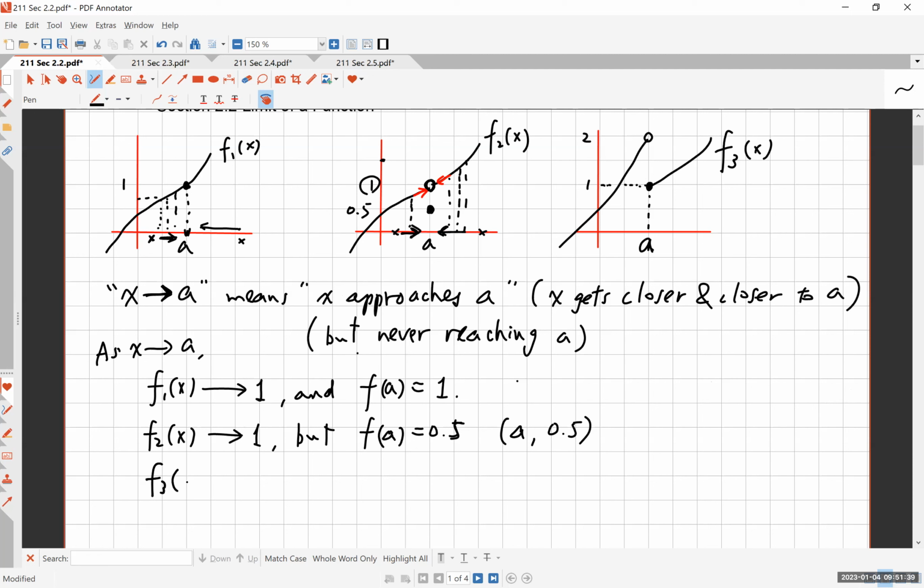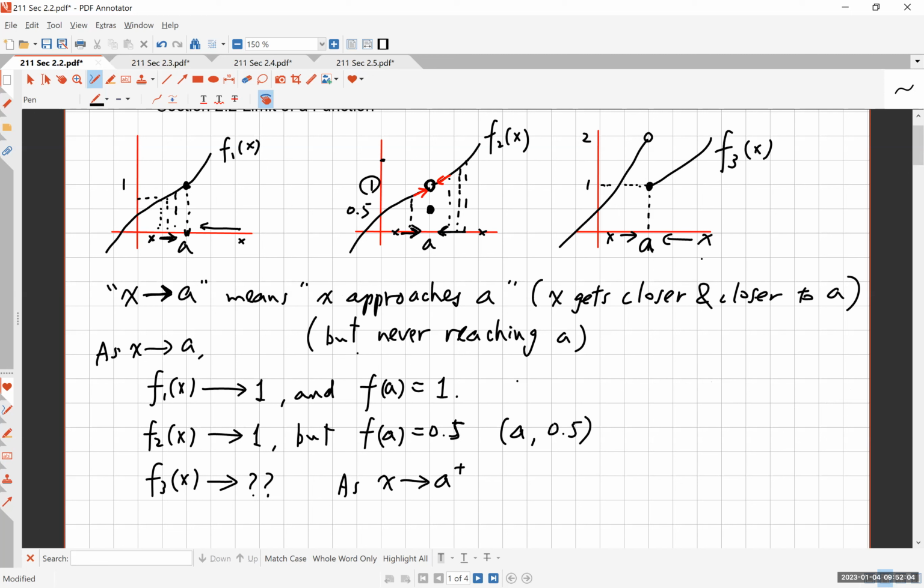All right, what happens to f3? f3 is very different, okay? So now, as x approaches a from here, that's a little question mark, because as x approaches from the right or from the left, it differs, right? So here, let's consider this as x approaches a from the positive side.